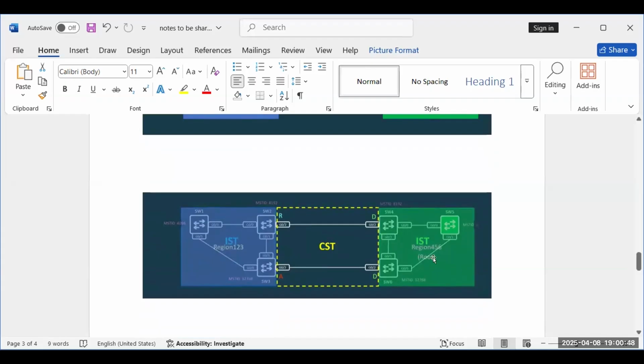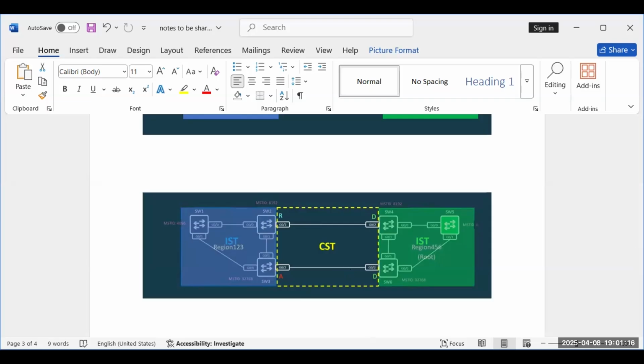So IST is internal, CST is common spanning tree. This section is defined as root, this section is defined as non-root, and the connection between these two regions is called the common spanning tree.